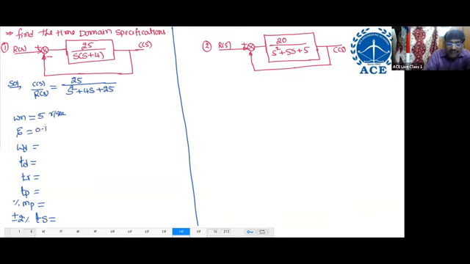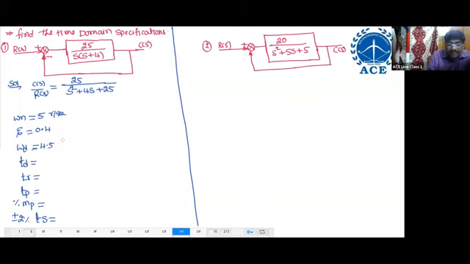Zeta is 0.4. Next, omega d is 4.58. Very good.